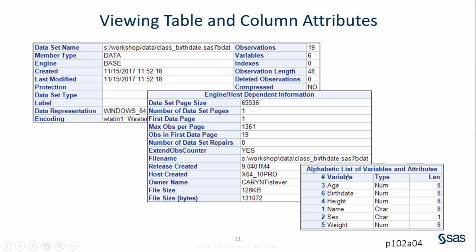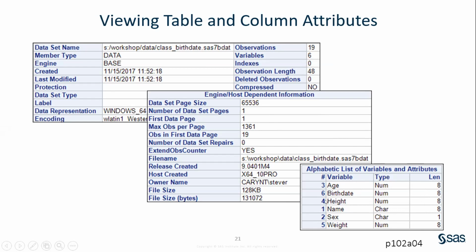And the third portion is the one which we mostly concentrate on, termed the alphabetic list of variables and attributes. That means the variable names which appear in this report are shown alphabetically from your table, along with their attributes. Attributes means their characteristics: the variable name, its type, and its length.